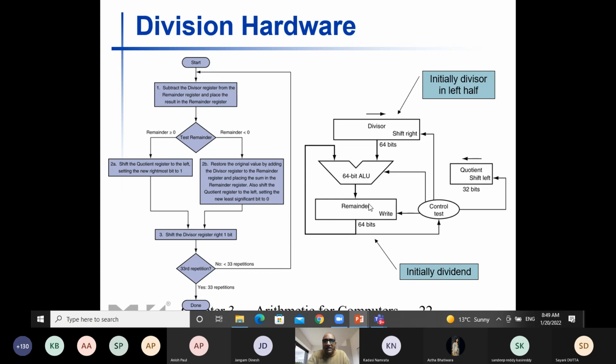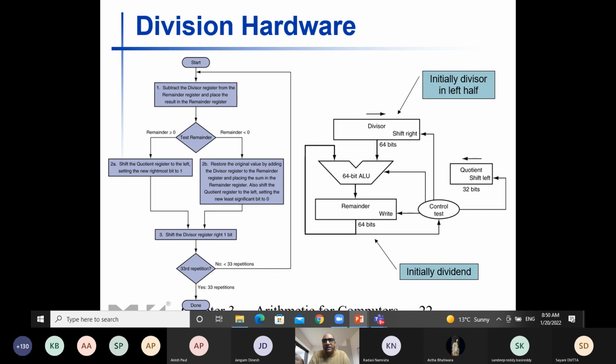So whenever you get the negative sign, the remainder has to be restored, because it means that the considered number of bits in the dividend are not sufficient, because the divisor is more than the value of the dividend. Therefore you have to consider the next bit.